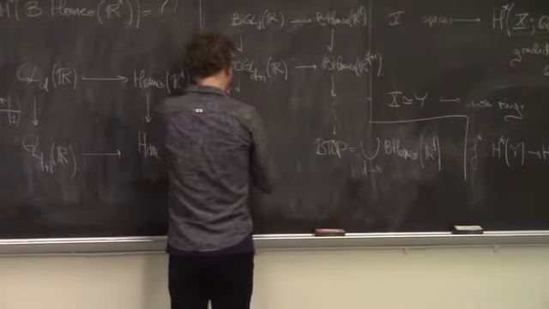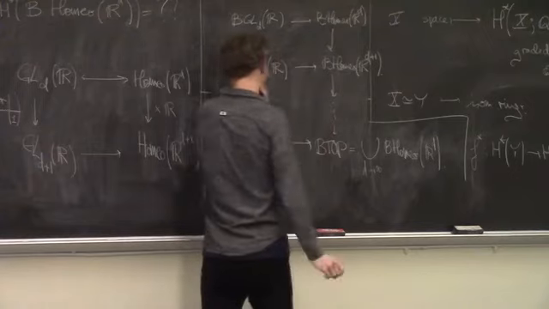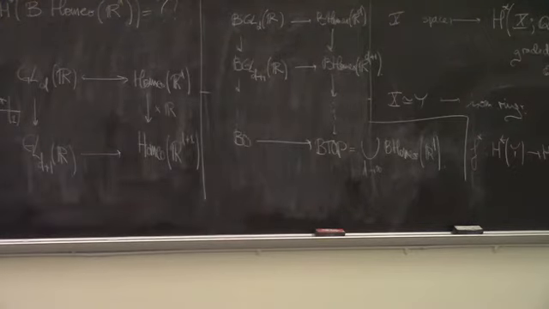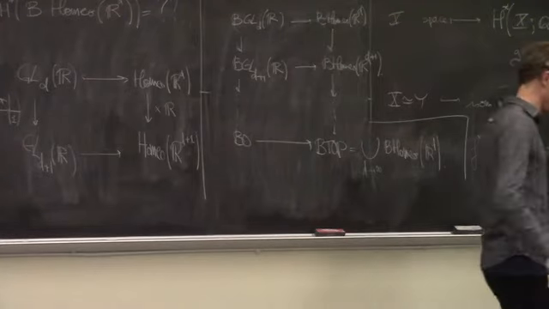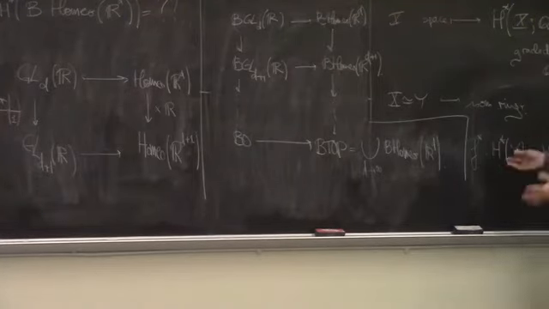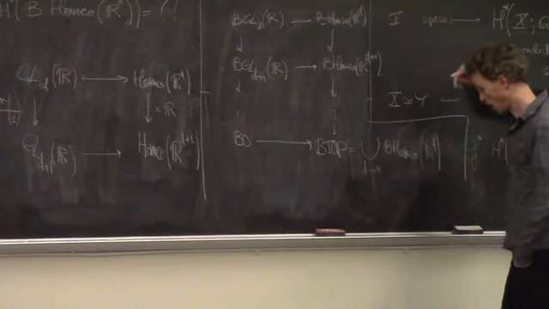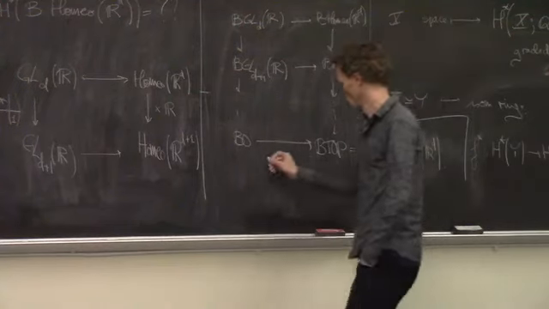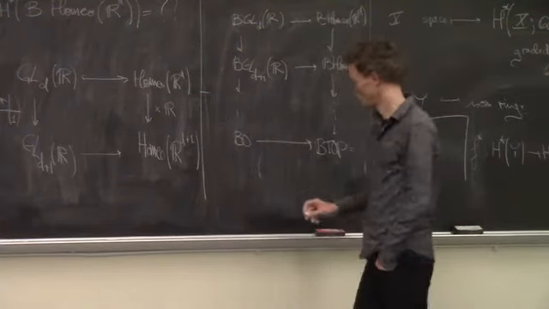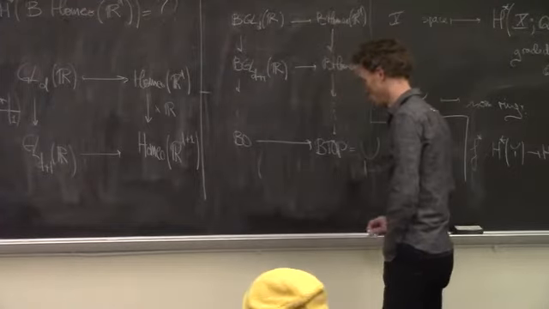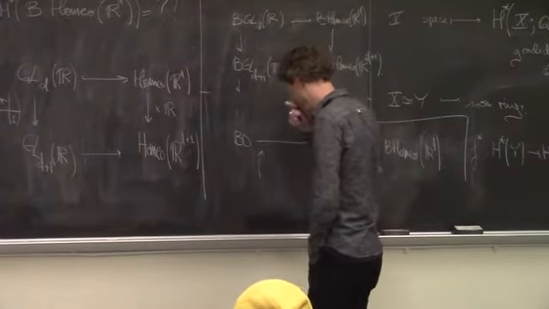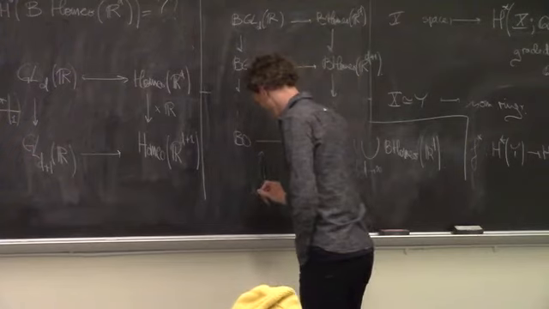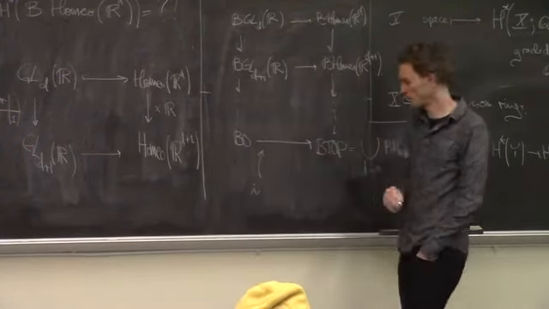On this side, the direct limit is called BO. And the question becomes easier, or at least still not easy, but a long time ago there was a complete answer, due to, I think, Novikov, that the induced map in cohomology is an isomorphism.